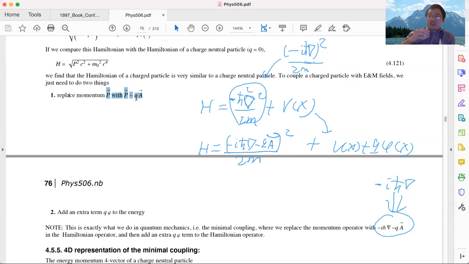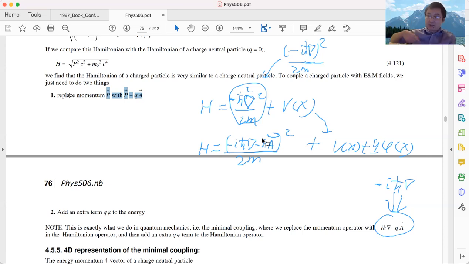And then in the non-relativistic limit, although the Schrödinger equation describes non-relativistic particles, we still need to do the same substitution, the same minimal coupling. So from a classical point of view, from non-relativistic quantum mechanics, it's probably very hard to understand why we need to do this substitution when we try to couple a particle to the E and B field.